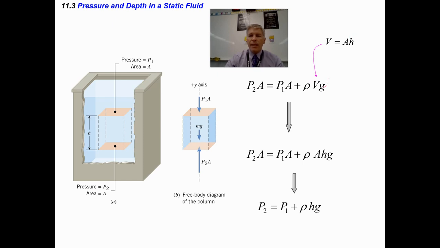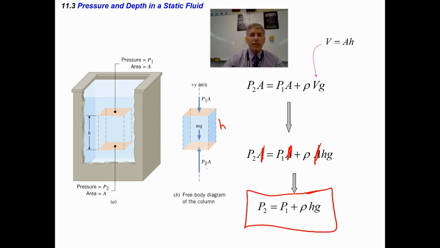Then I can replace my volume with the area multiplied by height, because if I think about this as a rectangular solid with a certain height, it's really just the area of the top times that height. I was mentioning this before. And so you end up with rho AHG, and then I can cancel out all of the areas because all the areas are the same, and you end up with this neat little equation.